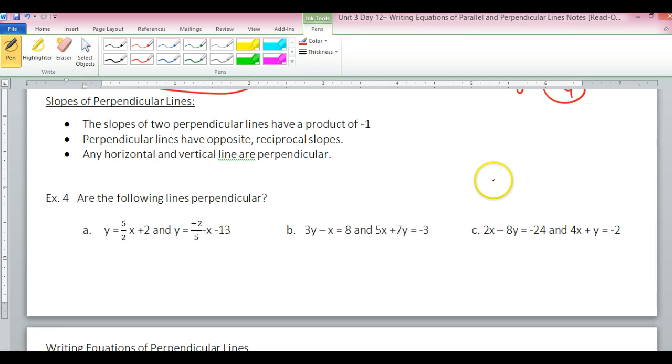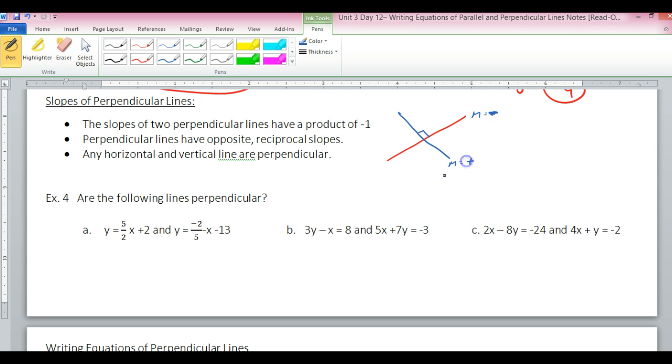Now, perpendicular lines. If you look at perpendicular lines, what do we know about their slopes? Well, one thing is, if I have this line, this red line, and then I draw a line perpendicular to it, what you have to understand is this line has a positive slope, this line has a negative slope.